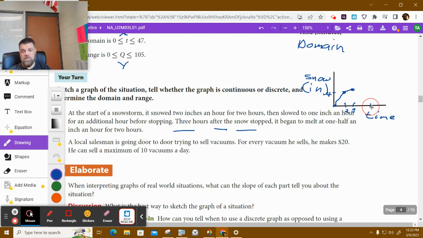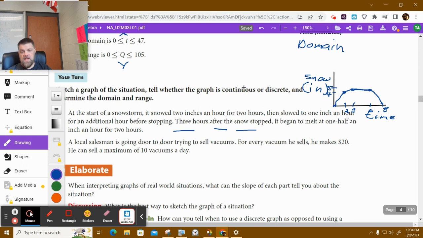So then way over here, 3 hours later, it stopped snowing. Well, the snow didn't go away. It didn't melt until this time, and then it slowly melted over the next 2 hours, where t equals 8. So right here, I think we've got 5 inches.